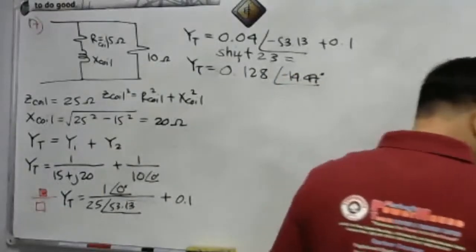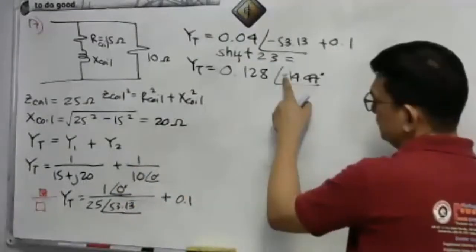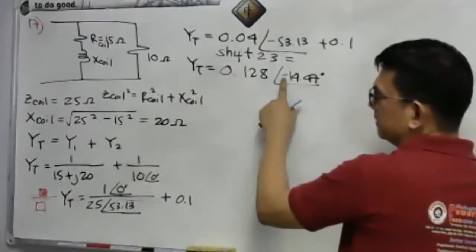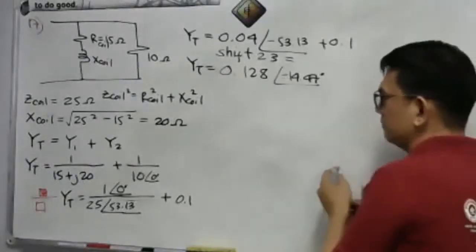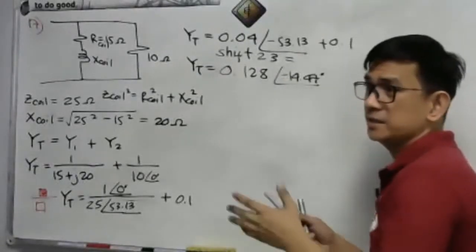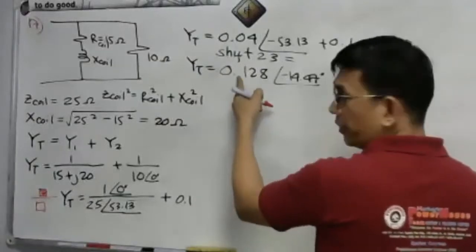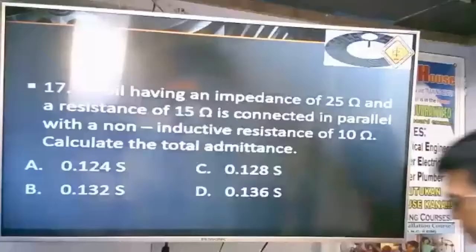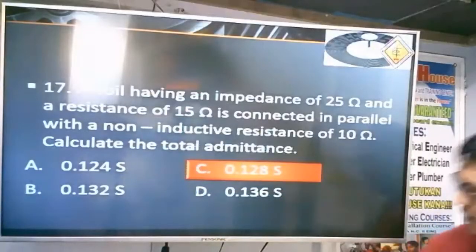What is the nature of the circuit? That is inductive, because that is negative. For Y, for admittance, if that is positive, that's capacitive, right? But since this is negative, that is inductive. Anyway, we just need the magnitude. 0.128 is the answer, and that will be letter C.